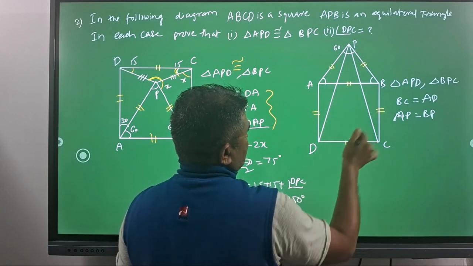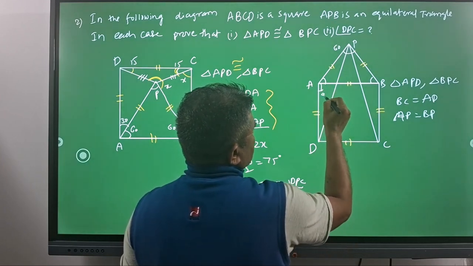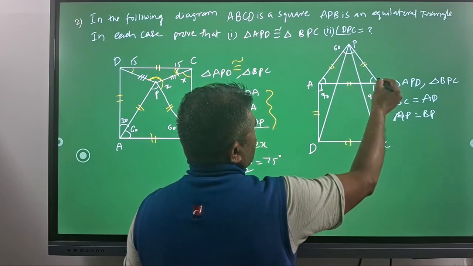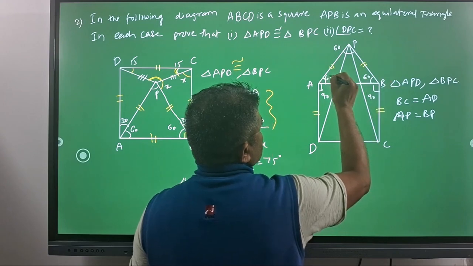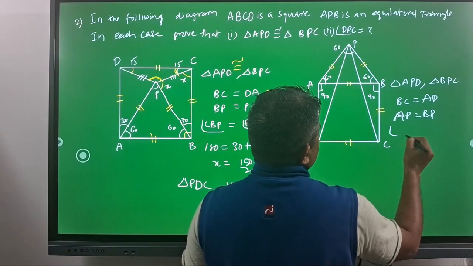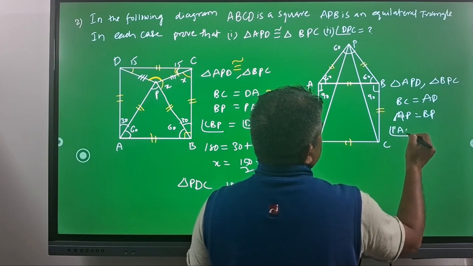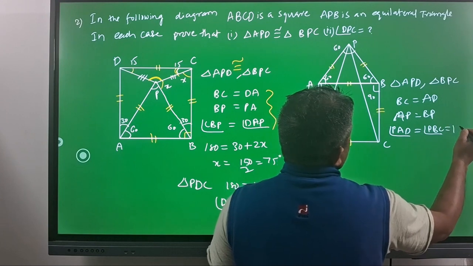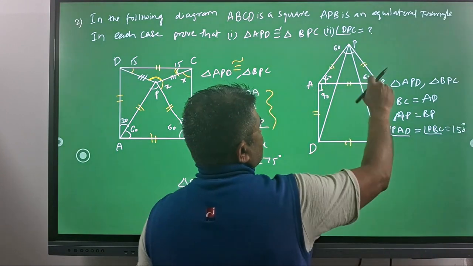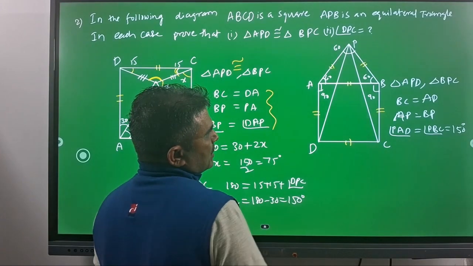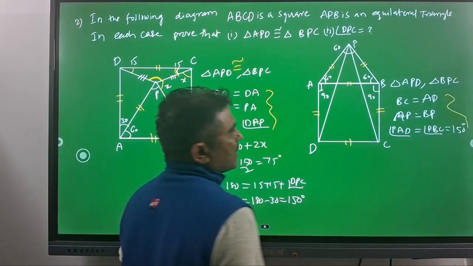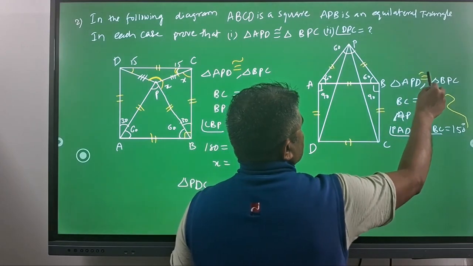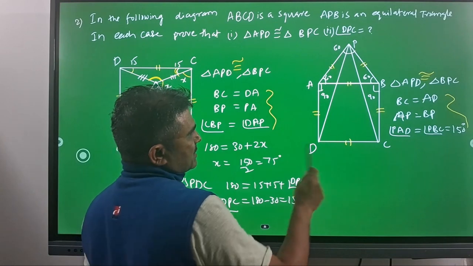At A, in a square, we have 90 degrees, and at B also 90 degrees, and in the equilateral triangle at B we have 60 degrees, and here also 60 degrees. So angle PAD is equal to angle PBC, which is 150 degrees. So we have three equality relations, so triangle APD is congruent to triangle BPC. That proves the first part for this second picture.